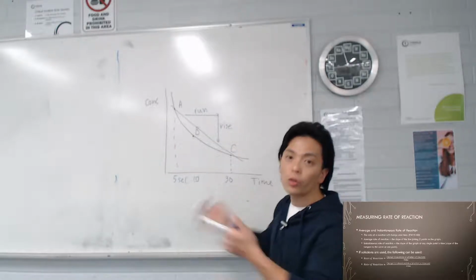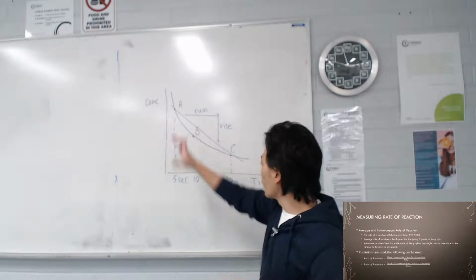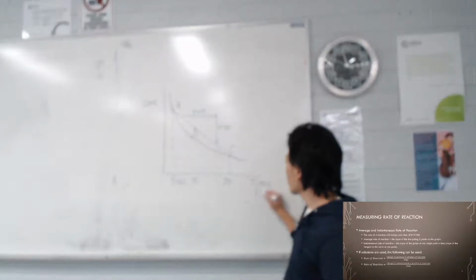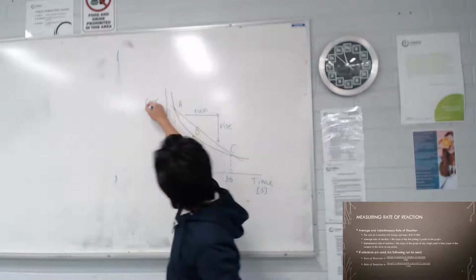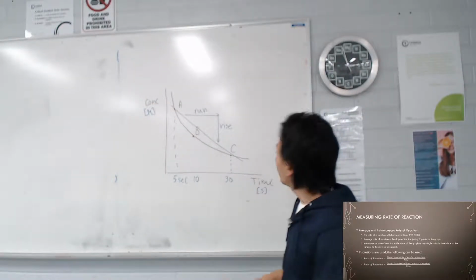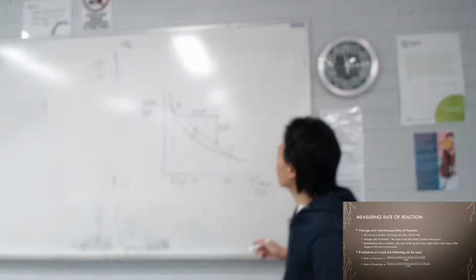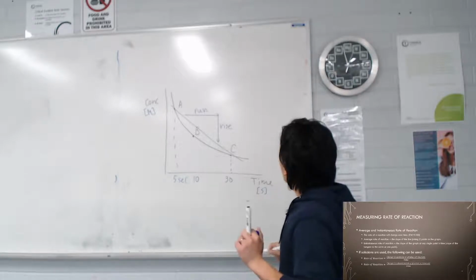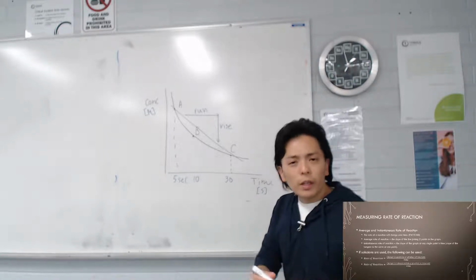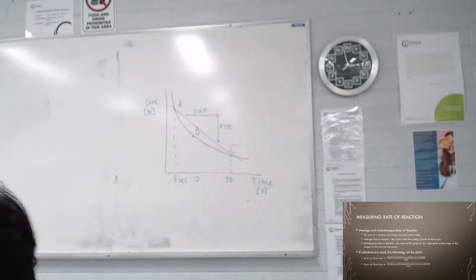So concentration over time. You can also see that in unit, moles per liter per second. That's what you would do. And that's really just rise over run. Now, that's for the, what did I say? Average rate of reaction. You can do the similar thing for instantaneous.